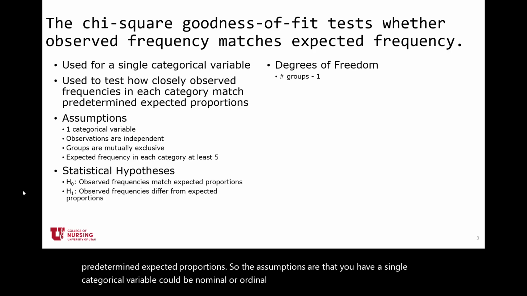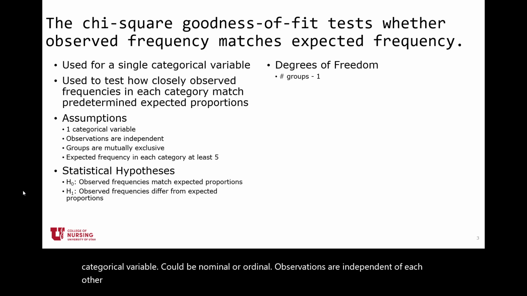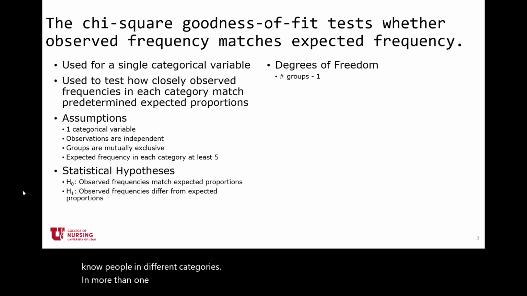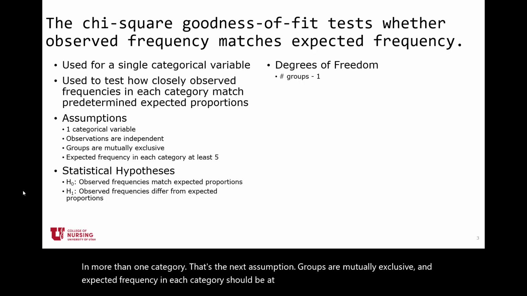Observations are independent of each other, so you shouldn't have people that are related to each other for some reason, or people in more than one category. Thus, the next assumption: groups are mutually exclusive, and expected frequency in each category should be at least 5.